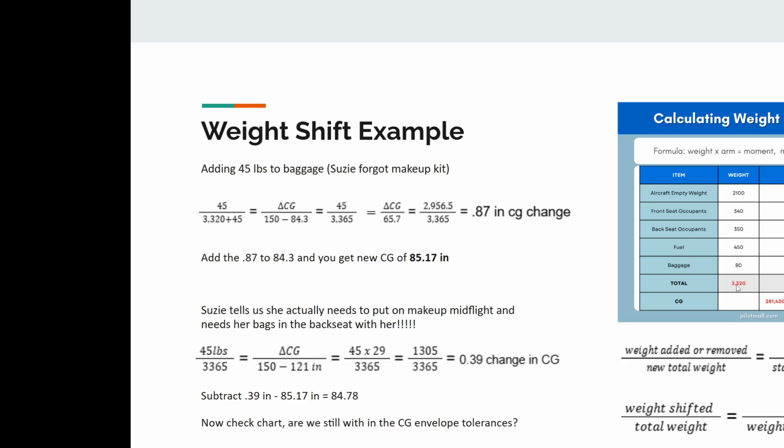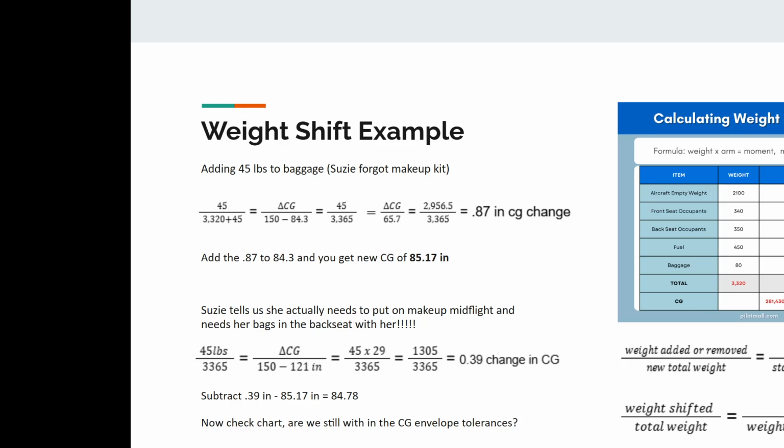So we got, in this example, 3,320 plus the 45 pounds that we're going to add, and that's going to give us our new total weight that we put below the added weight. And this CG with the delta sign just means the change in center of gravity, which we're calculating. So we'll solve for this.